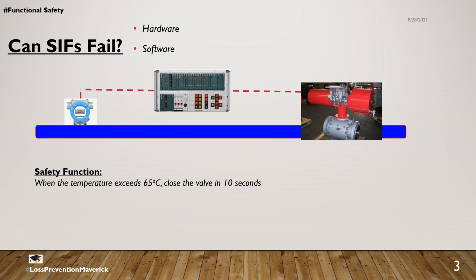Once we design a particular SIF and integrate the safety function into an architecture, it goes through a FAT and a site acceptance test and gets commissioned. Then that SIF is said to be in a state called OK, which is all correct.